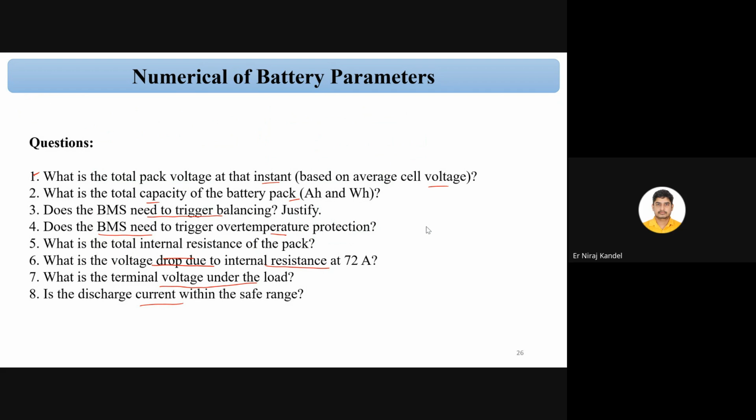Maybe not, sir. Why? I think BMS tries to balance the voltage and current to each cell of the battery, but the cells are already connected in series and parallel.